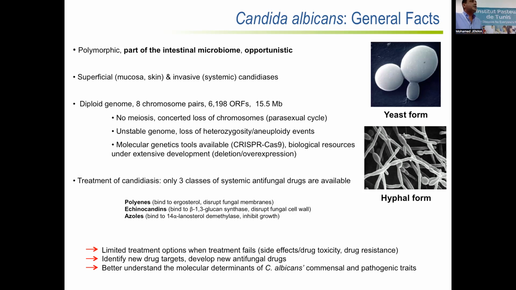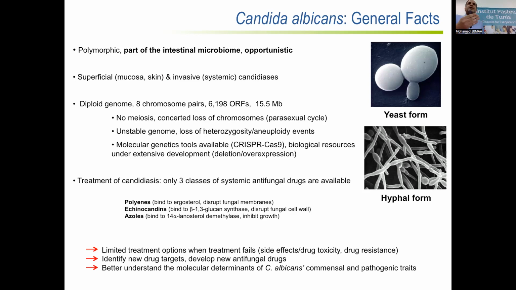But still, the molecular genetics tools are available, including the CRISPR-Cas9 technology. And the Candida community is currently constructing genetic resources for performing functional analysis of genes in Candida albicans. The treatment of Candida infection relies only on 3 classes of systemic antifungal agents.